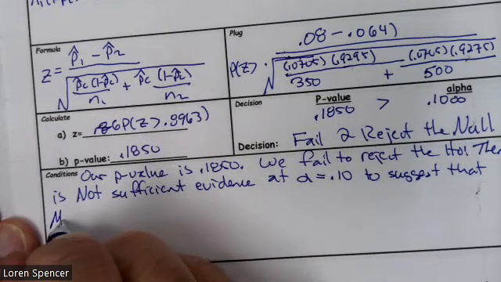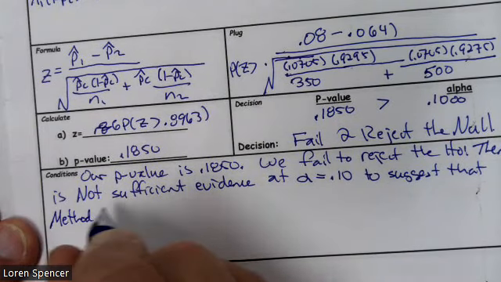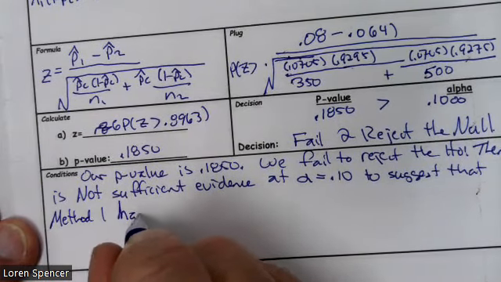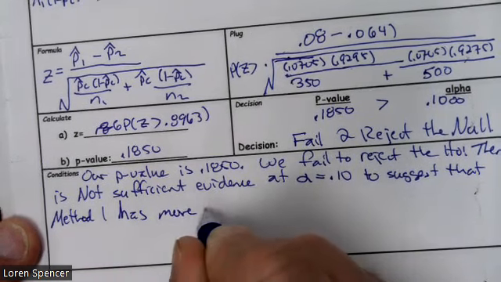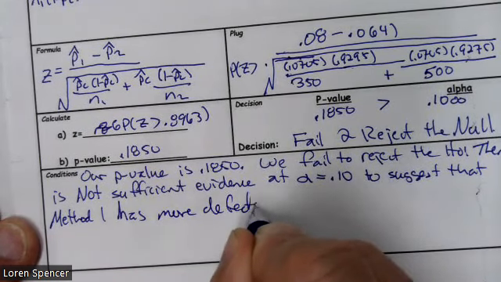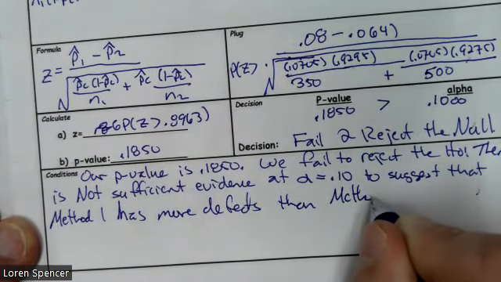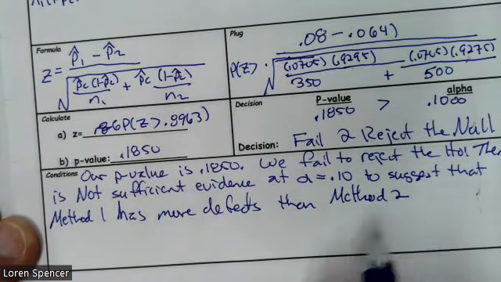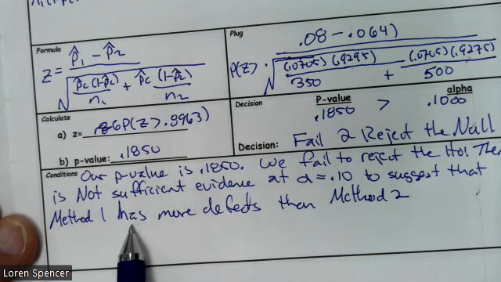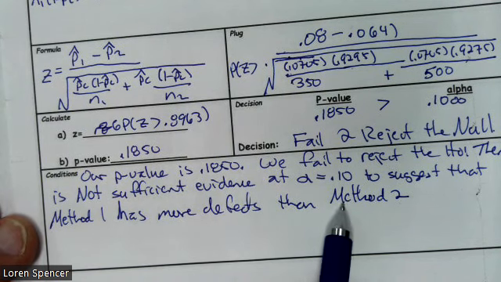That method 1 has more defects than method 2. Or we could have said that method 2 has fewer defects than method 1.